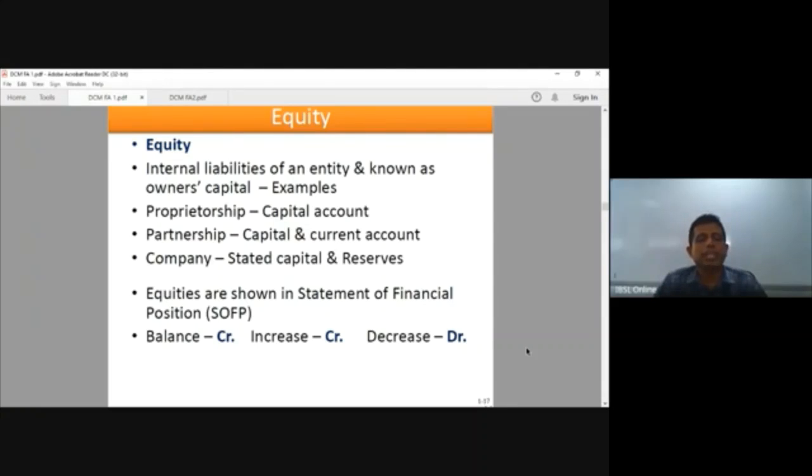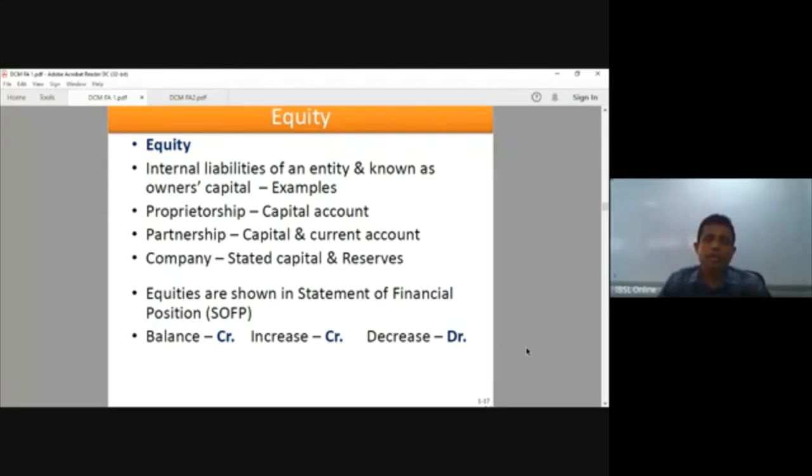In a partnership, you have two accounts, capital account and current account, to represent the equity. In company accounts, a listed company or a limited liability company, you have what is called stated capital. Stated capital plus reserves represent the equity.